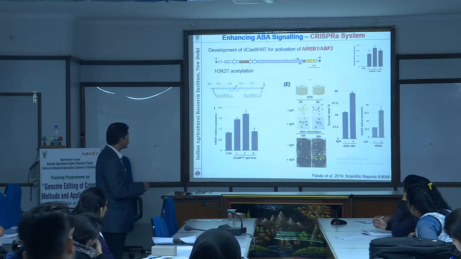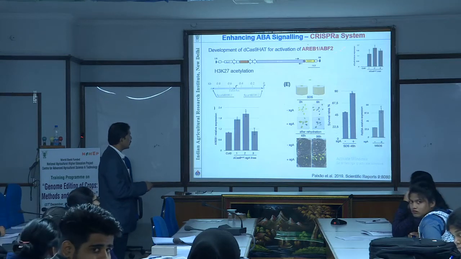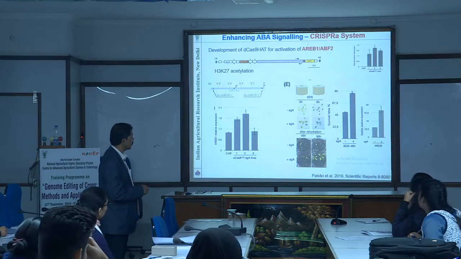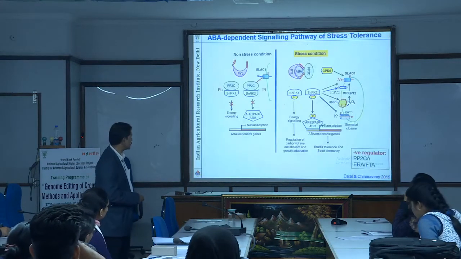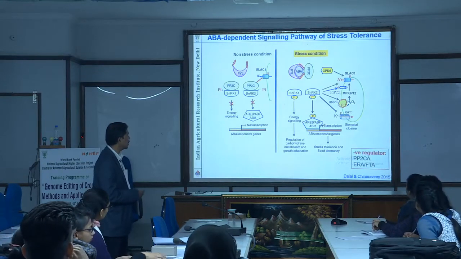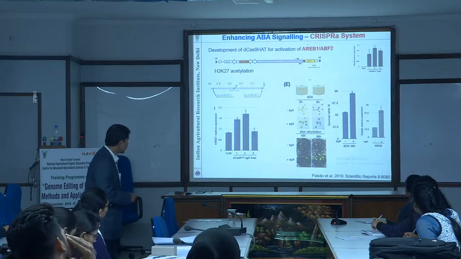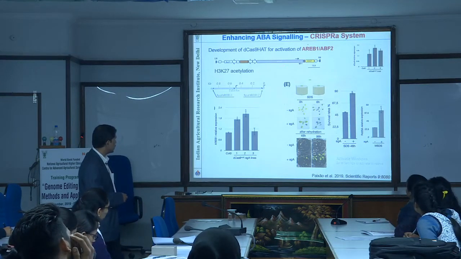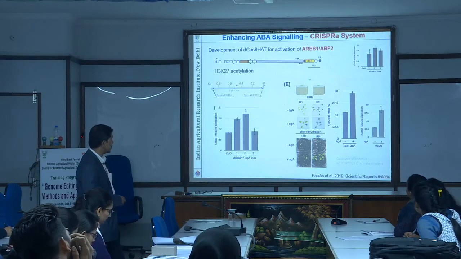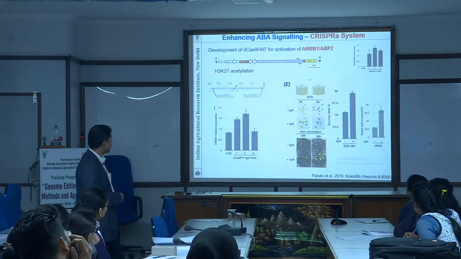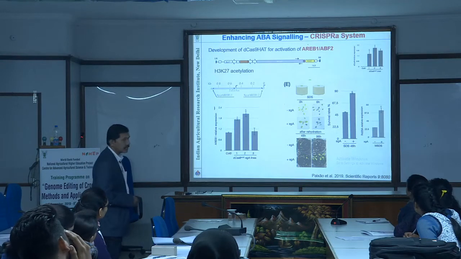So in this approach, they modified the epigenome of the promoter of ABF2, which is one of the important transcription factors that regulate several stress responsive genes. So in this, the dCas9 was fused with histone acetyltransferase, which can acetylate the histone 3 lysine 27 residue.